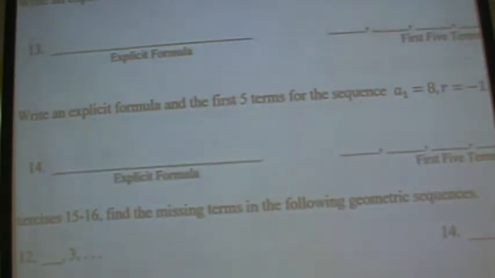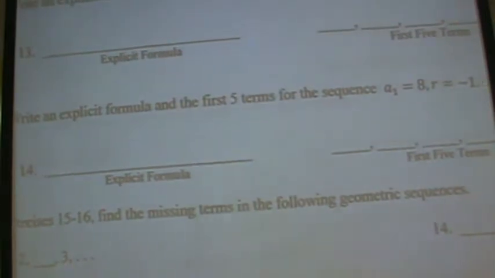Number 13, we're asked to write the explicit formula and then find the first 5 terms. Writing the explicit formula is just like writing the explicit formula for the arithmetic ones, except now we're using the geometric. So again, our formula was an equals a1 times r to the n minus 1.